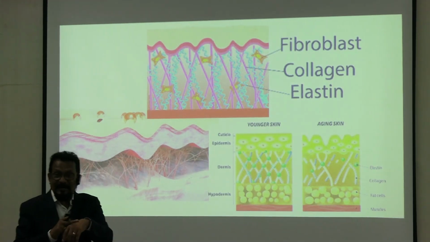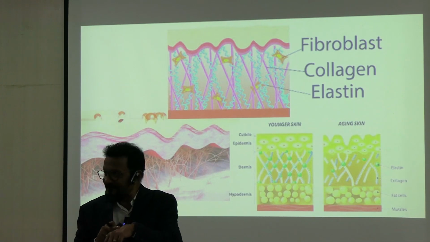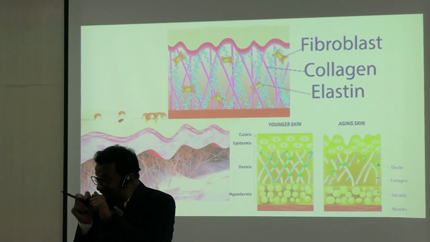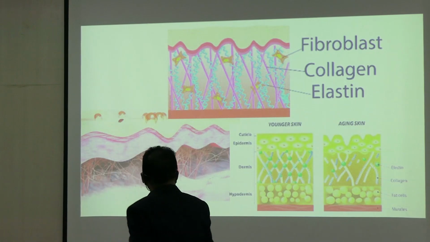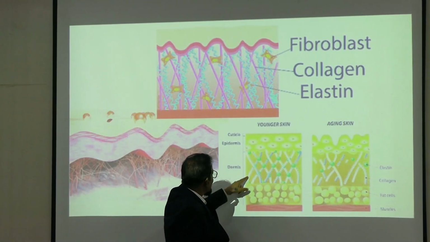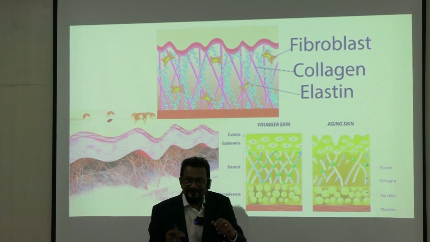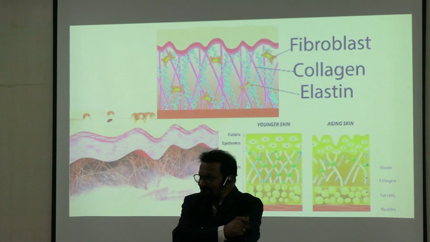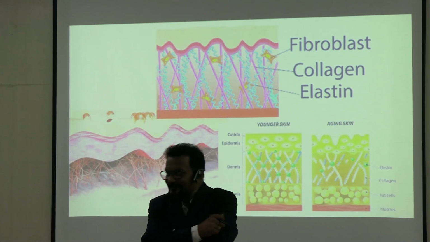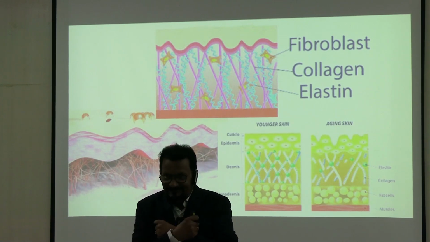Since there is less collagen and less elastin, I can move it more, but yours is tight. See how these are arranged? These are collagen, and this green is elastin. They hold tightly like a knot, like a net, so you cannot go apart.